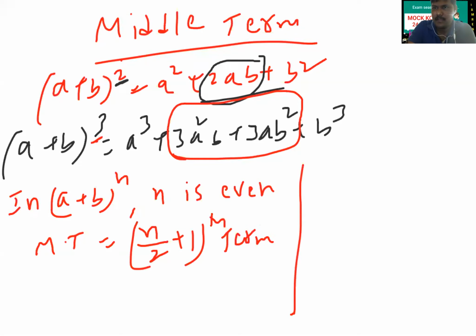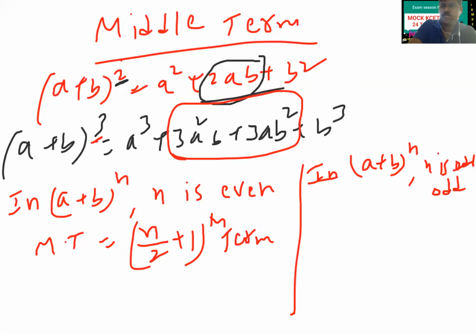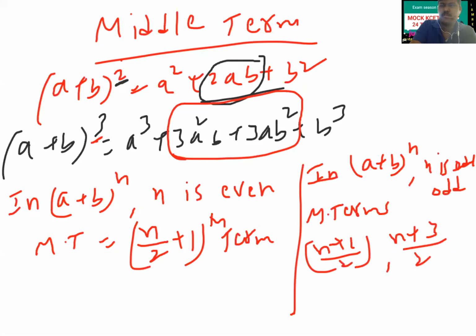Next point. In a plus b whole power n, comma, n is odd, then middle terms, one is n plus 1 by 2th term, another is n plus 3 by 2th term.